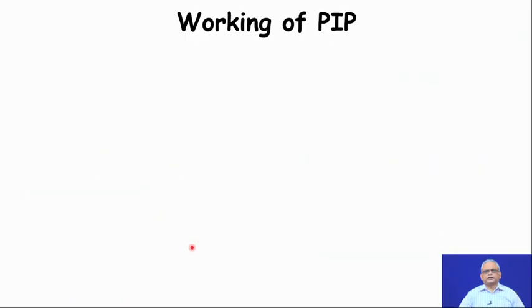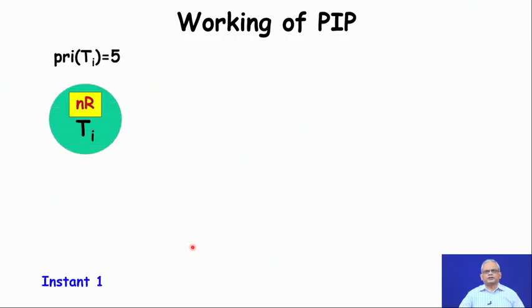This is just a schematic representation of the working of the priority inheritance protocol. Let us look at it. A low priority task is holding a critical resource and the priority value is 5, that is at time instant 1.